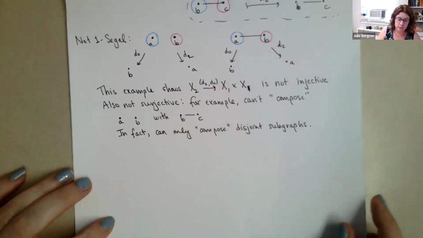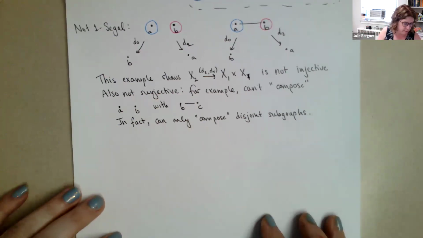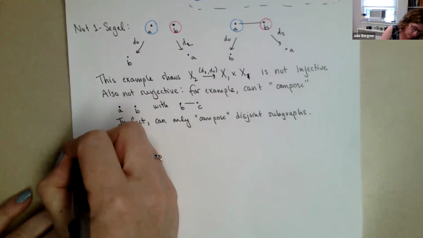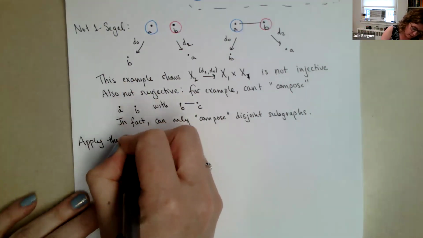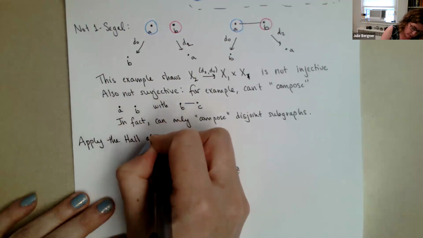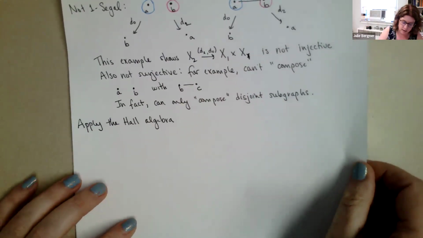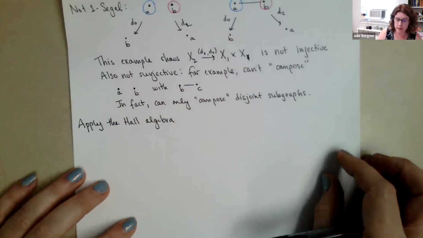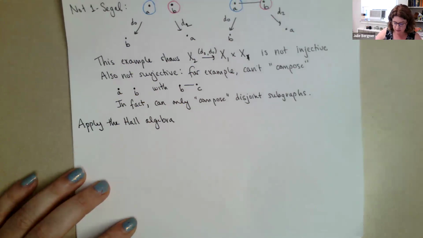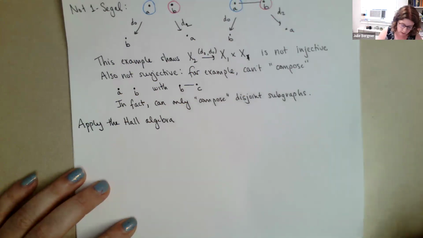But I also wanted to talk about the Hall algebra because there's some interesting features that we can see. It's going to be a more interesting algebra than what we got for the partial monoid case, but much more hands-on and describable than the Hall algebra associated to a Lie algebra, which tends to be quite large.